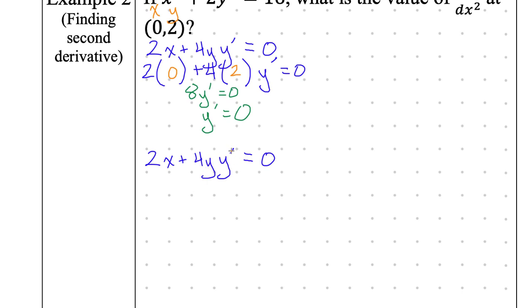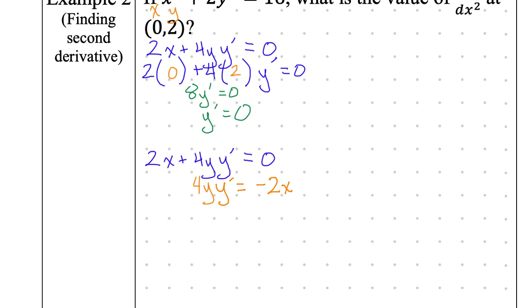The first step is to do what to both sides of the equation? Subtract 2x and 4y. I can't subtract the 4y because it's being multiplied, so let's just subtract the 2x for now. So I get 4y y prime is equal to negative 2x, because I subtracted 2x from both sides. And then finally, to get y prime by itself, I need to do the inverse operation of multiply by 4y.